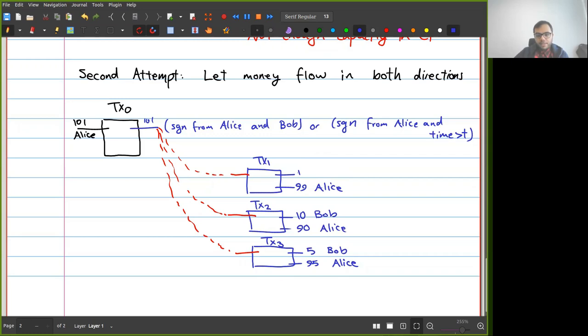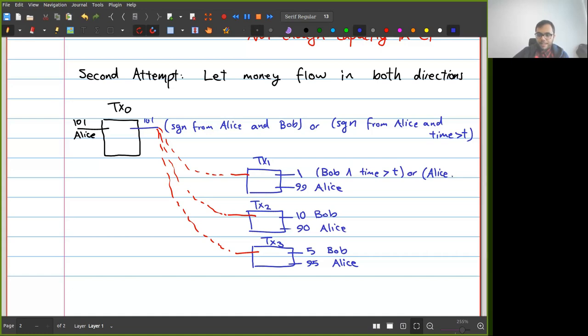It says you can use this money if you have a signature from Bob, and instead of signature from Bob, I'm just going to write Bob. You can use this money if you're Bob and the time is after some limit, let's call that T. Or you can use this coin if you're Alice and you can prove that Bob has cheated.